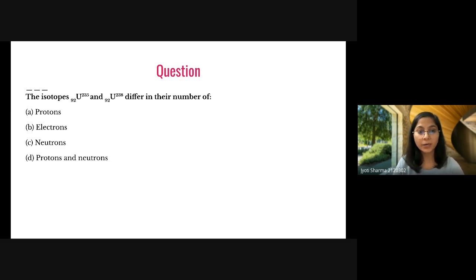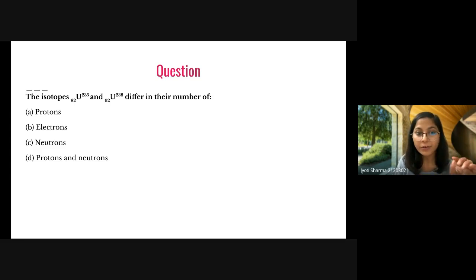See here, this 92, this 92 is nothing but the number of protons, right? So your protons are the same. As we already discussed, whatever is written at the top is the atomic mass, or the mass number, and this mass number is the sum of protons plus neutrons.